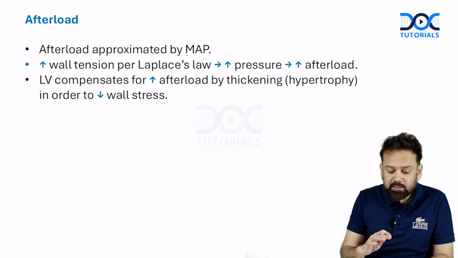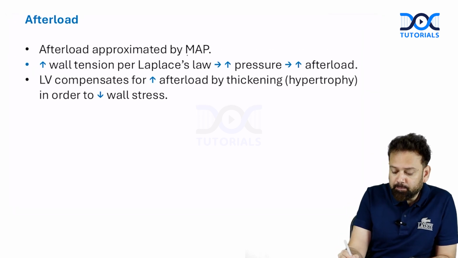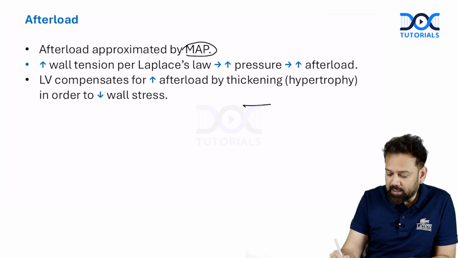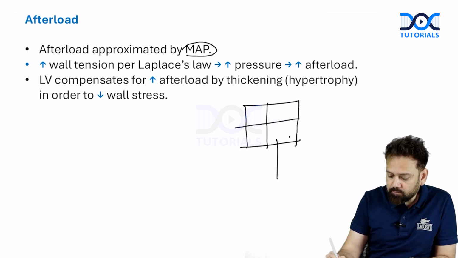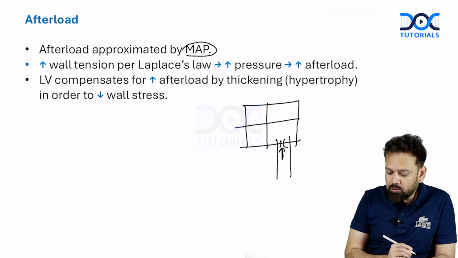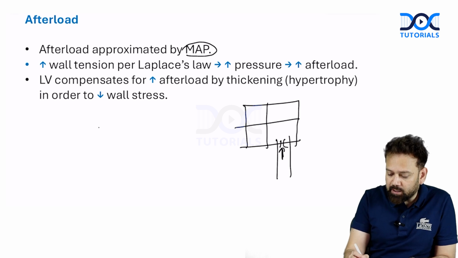Afterload, we have discussed, is approximated by mean arterial pressure. Mean arterial pressure is the average pressure in the aorta. This is working against the opening of the aortic valve. So the more the wall tension per Laplace law.